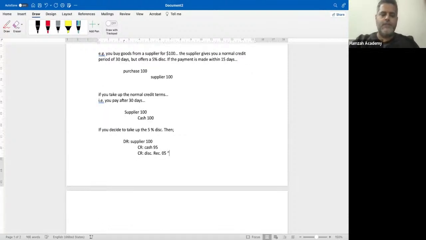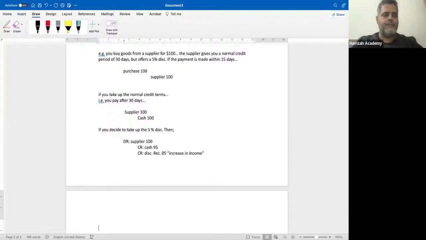This discount received is going to be recorded as an increase in income, because you had a liability of 100, and for the settlement of the liability you just paid 95 and got the discount for the rest of the amount. So basically your liability has been reduced over here.